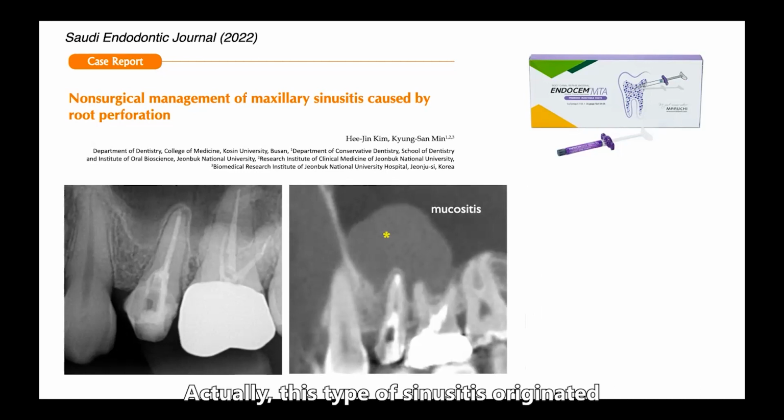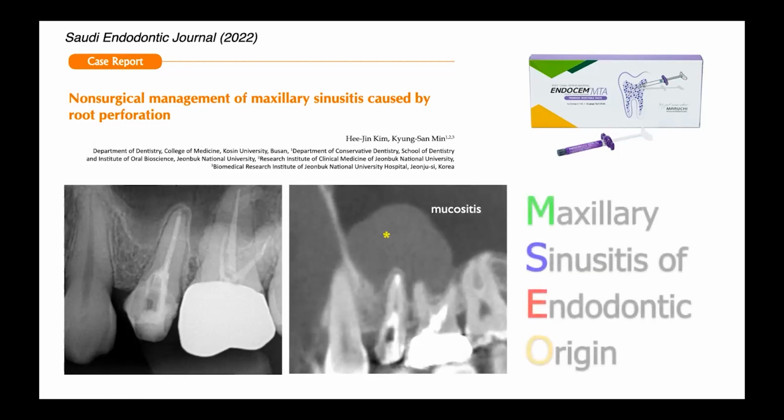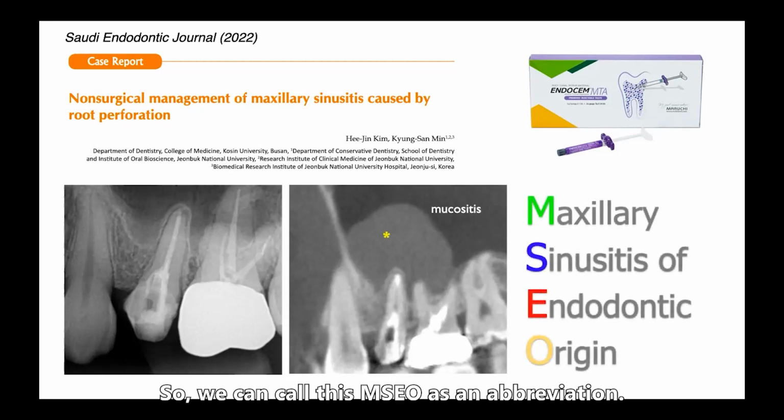Actually, this type of sinusitis originates from an endodontic problem, so it is called maxillary sinusitis of endodontic origin. So we can call this MSEO as an abbreviation.